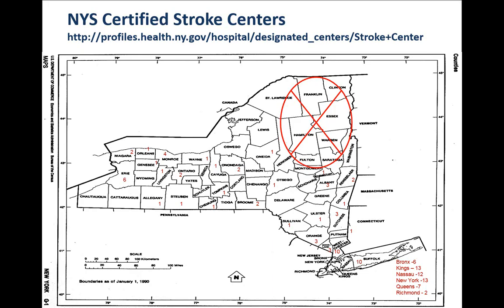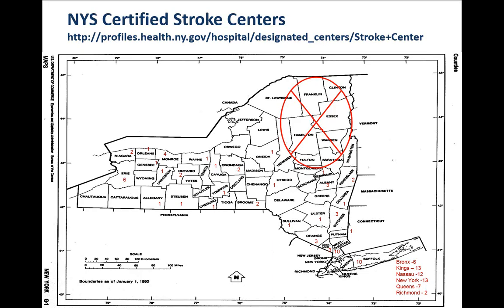So, Christine, you work a lot in these rural communities, don't you? Yes, actually, I do spend a fair amount of time, especially in northern Warren County, Essex, parts of Hamilton, Clinton, and Franklin.